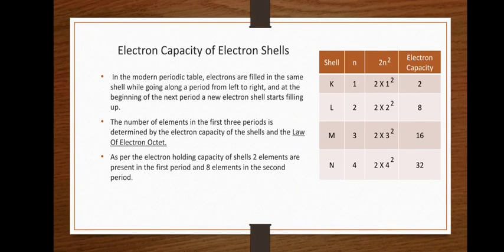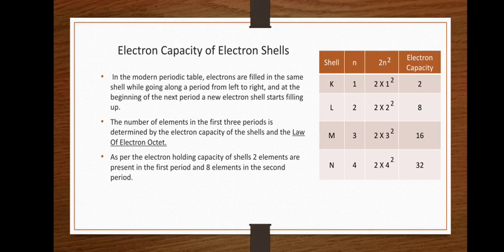Now let us see, when we talk about the shells, what is the capacity of those electron shells? Okay, in the modern periodic table, electrons are filled in the same shell while going along a period from left to right. For example, if it is first period, it will be only filled in K shell.